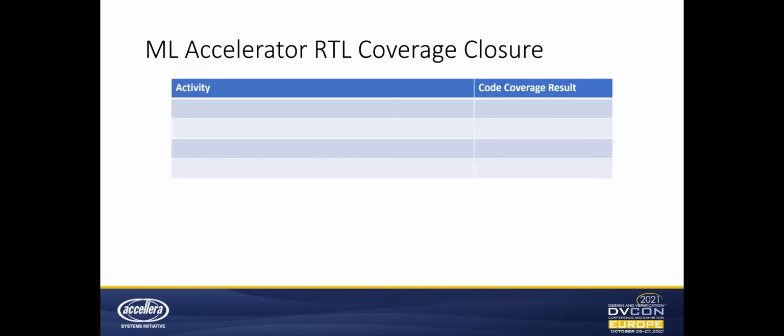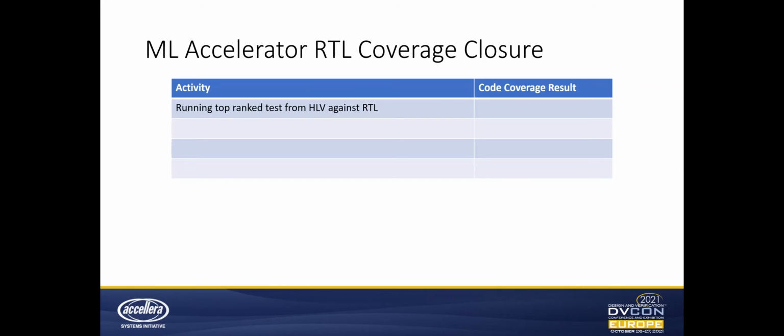So unfortunately, we don't have time to go into a lot of detail regarding how all of the code coverage closure activity played out against the Accelerator design RTL, but I did want to go over the results after the different steps in the process were taken. One test in particular from the high-level verification stage was ranked far and above the best from a test ranking point of view.